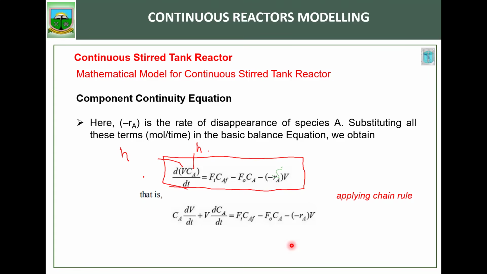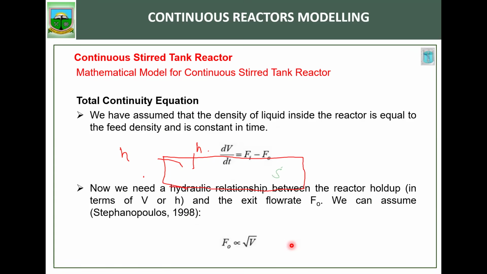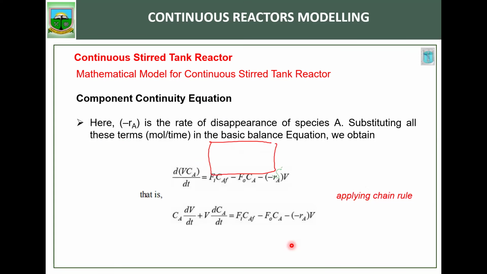Now, when you have this, if you remember, let me go back here. From the total continuity equation, you can see this total continuity equation, we had dV/dt equal to Fi minus Fo, right? So we'll now come here. The same term is here, obviously, the dV/dt. We replace this here.